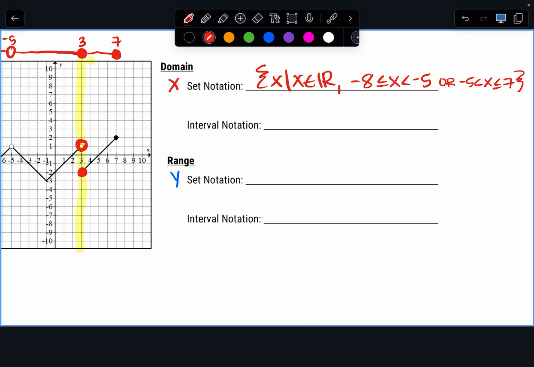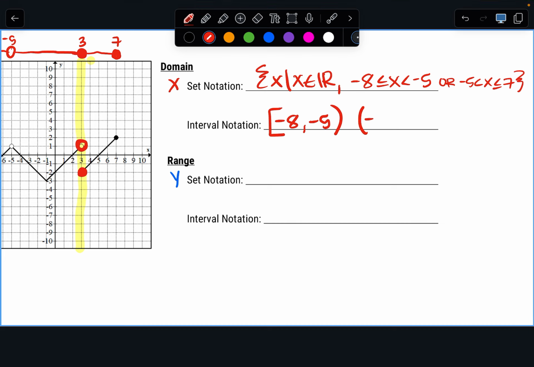Now, again, this is kind of the turning point for most of my former students where they said, yeah, I'm going to do interval notation, because writing out two separate inequalities gets to be a little bit long. Whereas when we switch this to interval notation, we're going to go from -8, and that's going to be a bracket because there's a filled in circle, all the way up to -5 with a parentheses because that's an open circle.